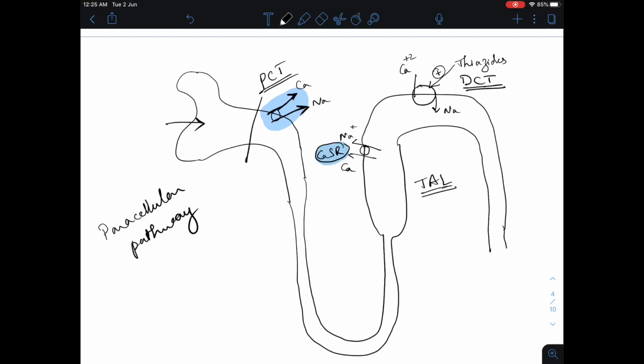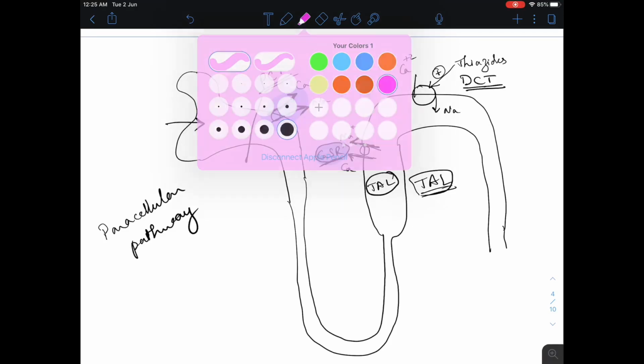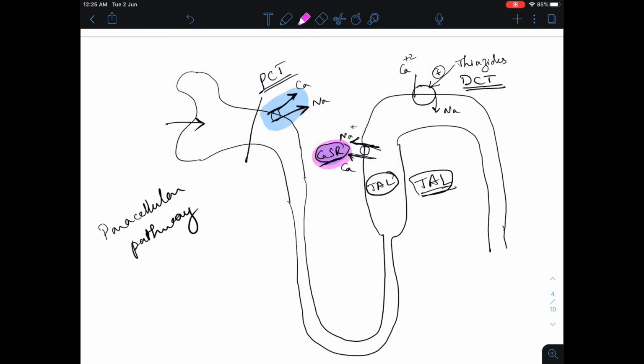And this creates a gradient where, when it reaches the thick ascending limb, here also it is transported in the same paracellular pathway along with the sodium. And in this same thick ascending limb there is the calcium sensing receptor.